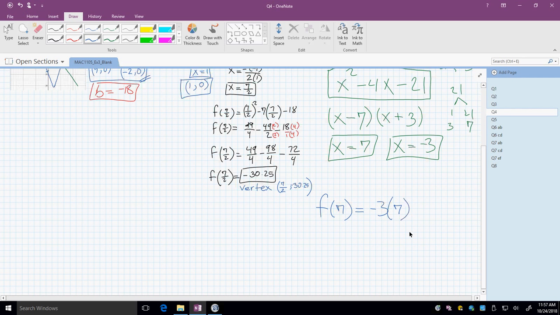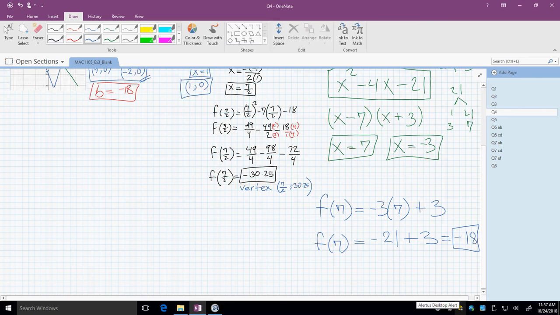So we need to solve these. How do we solve these small parentheses? No, if I distribute, I'm going right back to where I was. f of 7, you're going to take each one of these parentheses, it's going to give me negative 21 plus 3. That is going to give me a negative 18, y plus 12 equals 0.